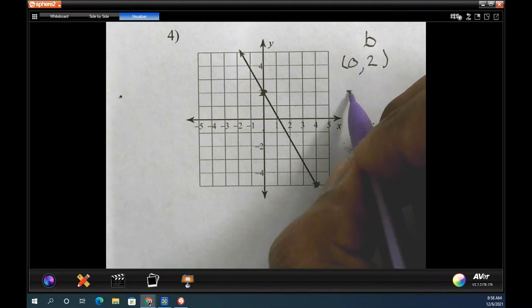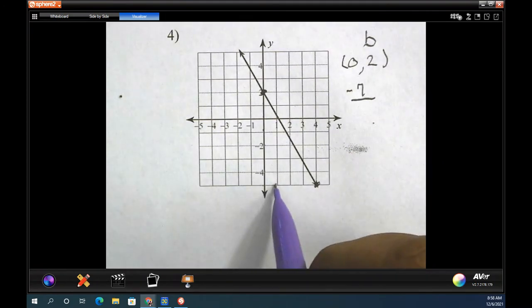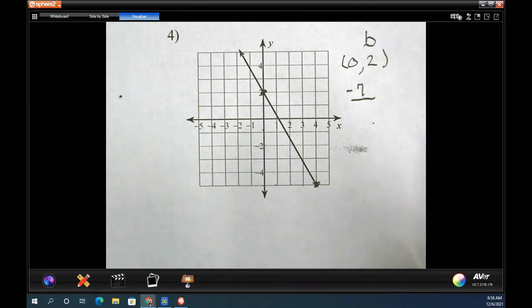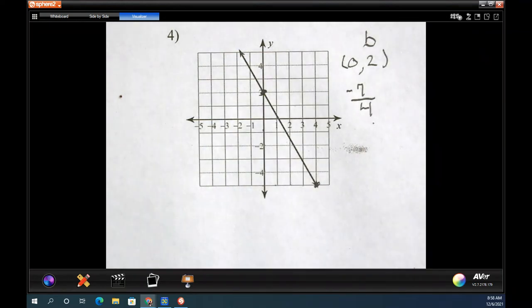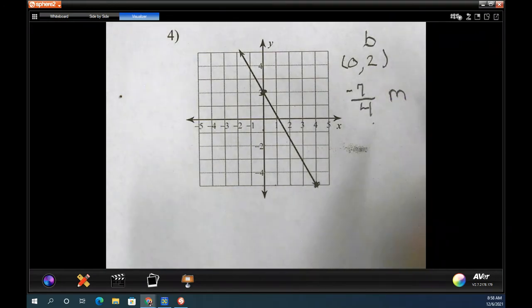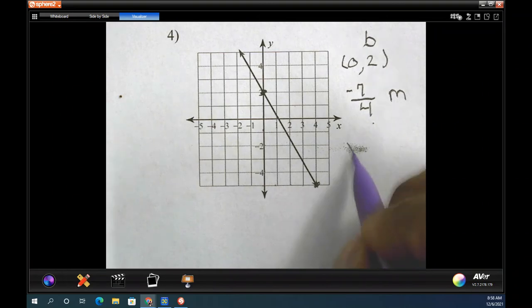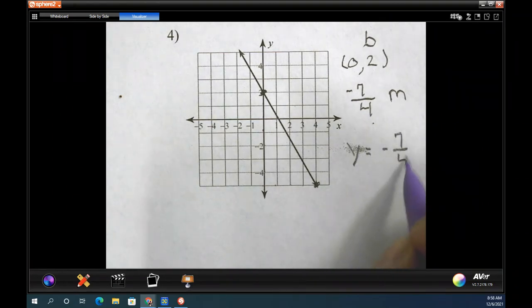If we're counting down, that's negative over 1, 2, 3, 4. Negative 7 over 4 does not reduce. So there's our m. So my answer here would just be y equals negative 7/4 x plus 2.